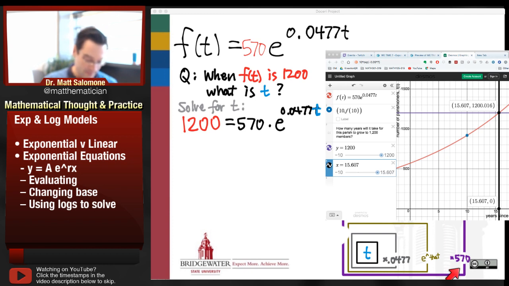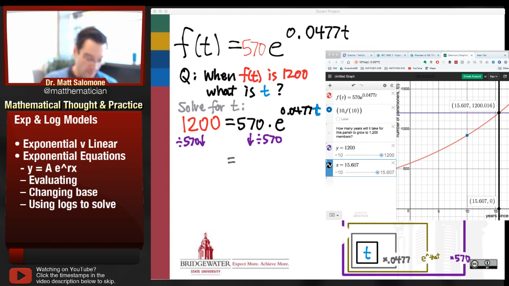The first thing I should undo is the last thing the order of operations did do, which is multiplication by 570. So the first thing I want to do is undo that multiplication by 570 by dividing. Remember, apply the opposite operation and do it to both sides of the equation. Deal with that first.